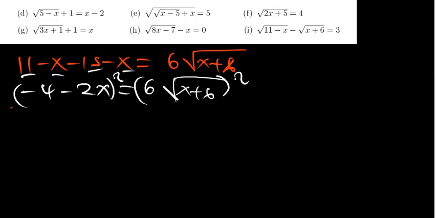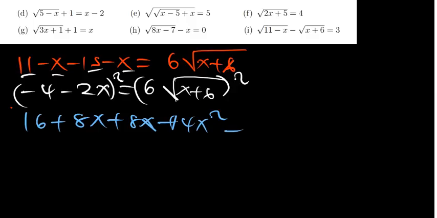So squaring this, negative 4 times negative 4 is going to give me positive 16. Negative 4 times negative 2x is going to give me positive 8x. Then negative 2x times negative 4 is going to give me positive 8x. Negative 2x times negative 2x is going to give me positive 4x squared.